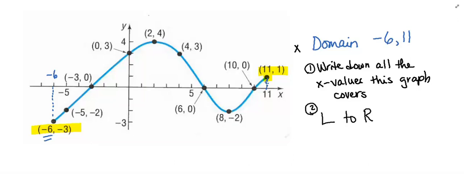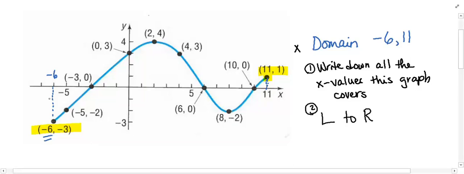Then you have to think about the endpoints. Do you use a bracket or a parenthesis? Well, x equals -6 corresponds to this closed circle, located at (-6, -3). Because it's a closed circle, you want to include this point, so you're going to use a bracket. The rightmost point, (11, 1), is also a closed circle, so you want to include 11 as an appropriate x value.